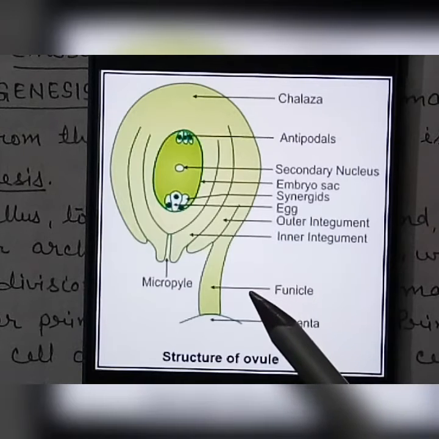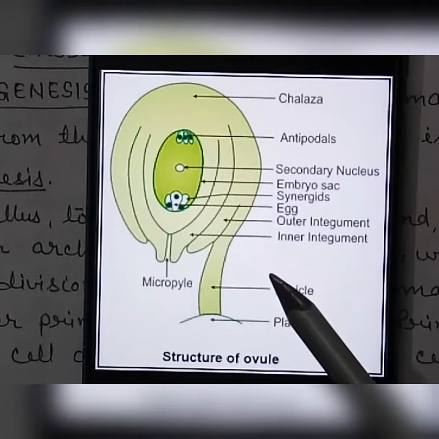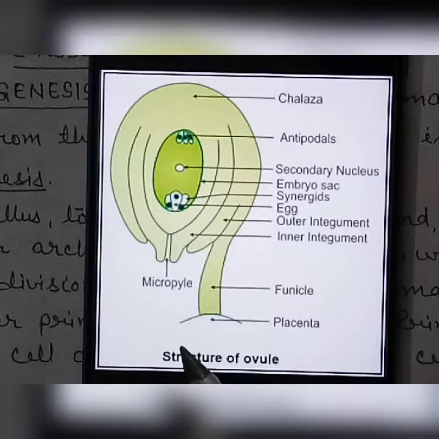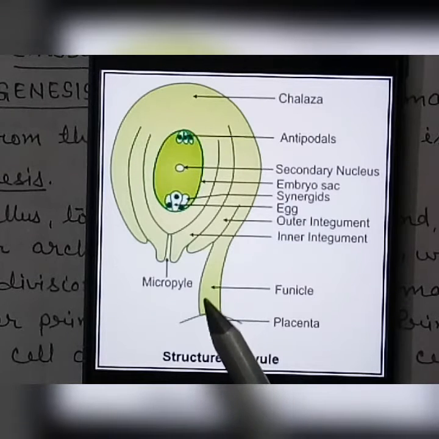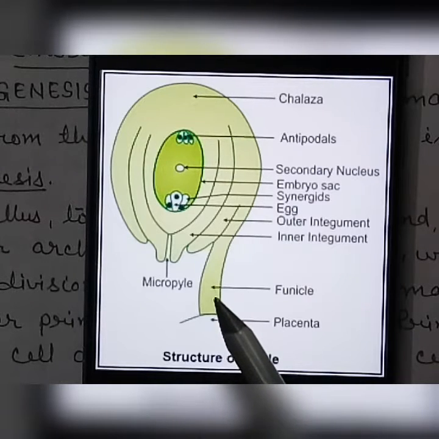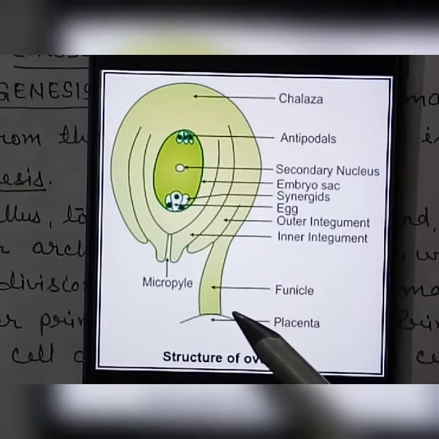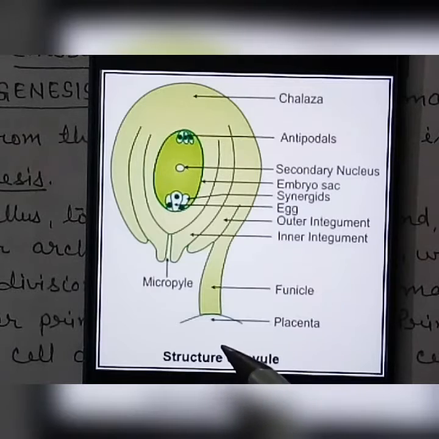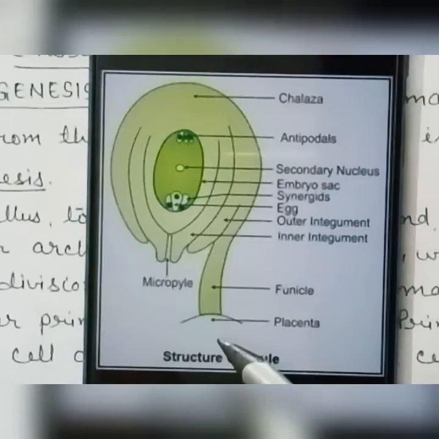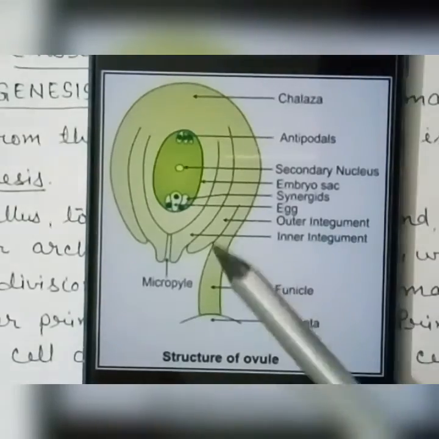See in this figure, that is the anatropous ovule, and this is the funicle. Funicle means a filamentous or thread-like structure. The funicle provides the connection between the wall of the ovary and the ovule.